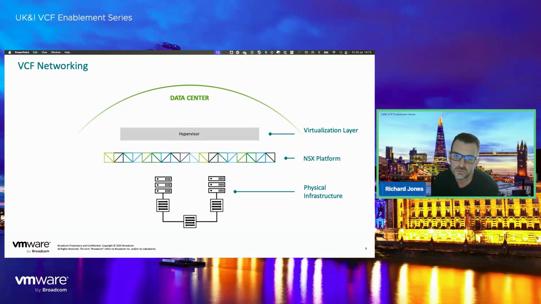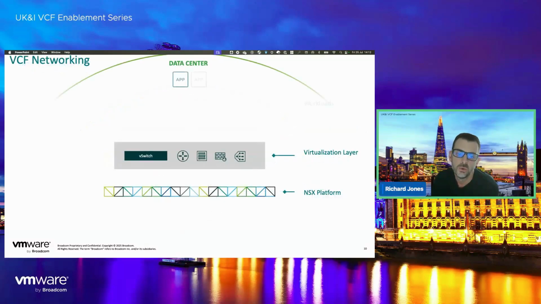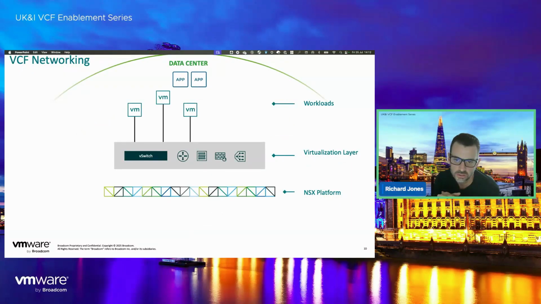That gives us this virtualization layer where we can embed other capabilities alongside the virtual distributed switch. Whether that's the virtual distributed routing, so routing done at the source within the hypervisor, the switching, so the stretching of the layer 2 network over layer 3, the distributed firewalling capability and gateway firewall, and then integrations with both the native load balancer, which has a certain set of use cases, but also integration into the likes of AVI.